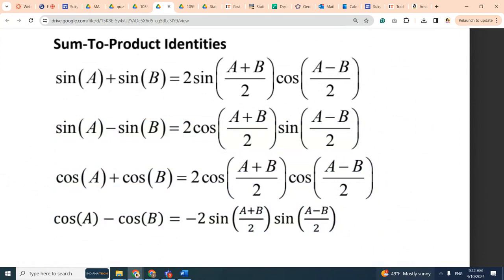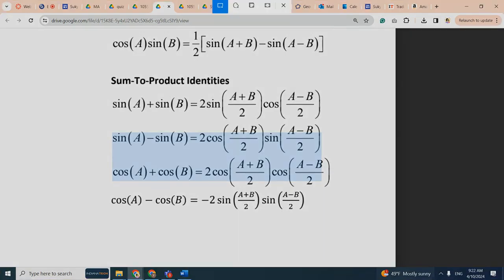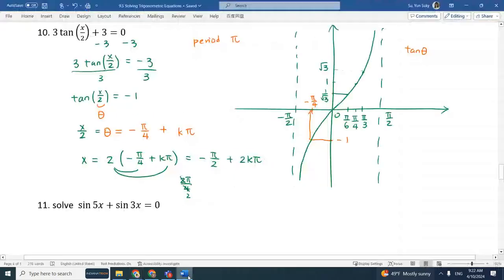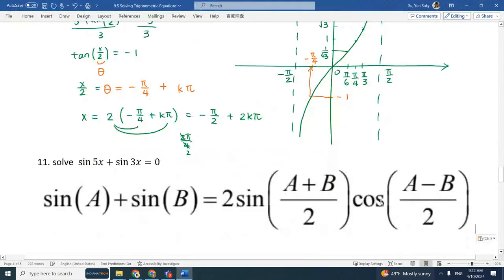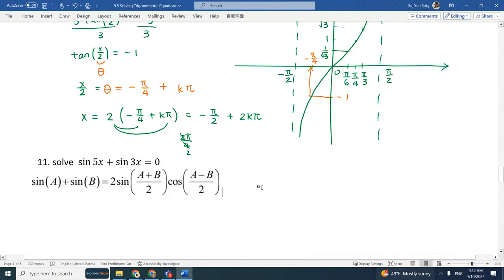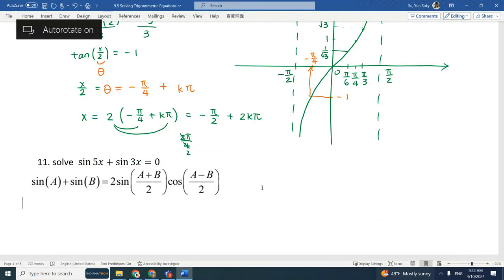Okay, so we have sine. Okay, maybe let me pre-screen this and copy that. So that's why I said in this session, make sure you carry your formula all the time. You need it. Okay, so compare.